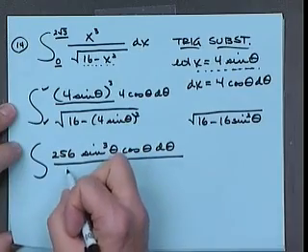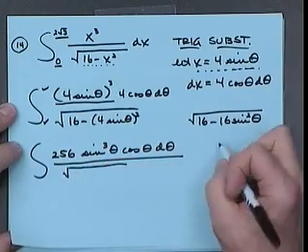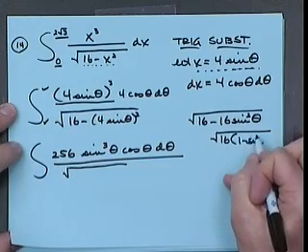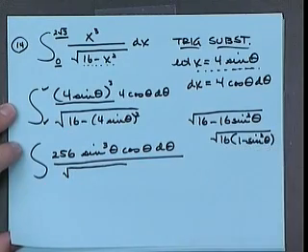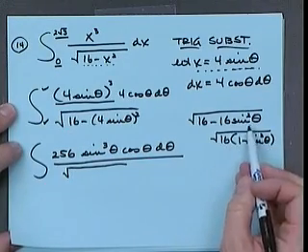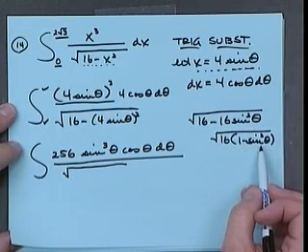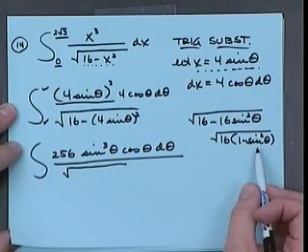Factor out a 16. If you factor out a 16 under the radical, you've got 16 times 1 minus sine squared, and what is 1 minus sine squared? Cosine squared.